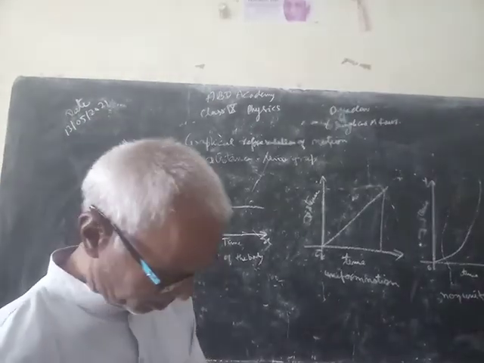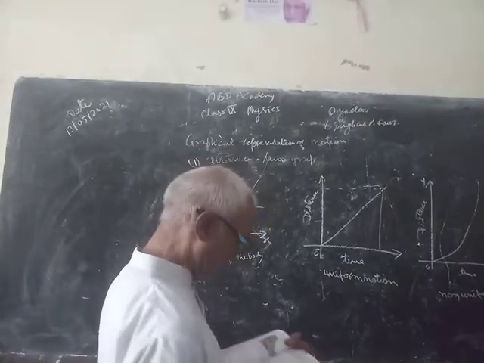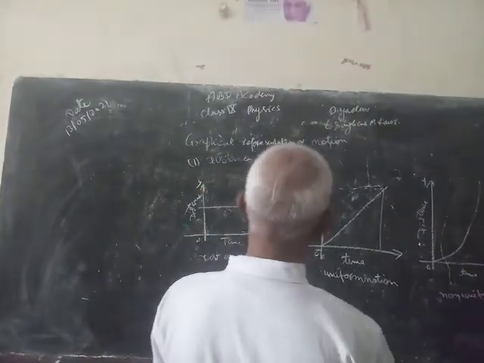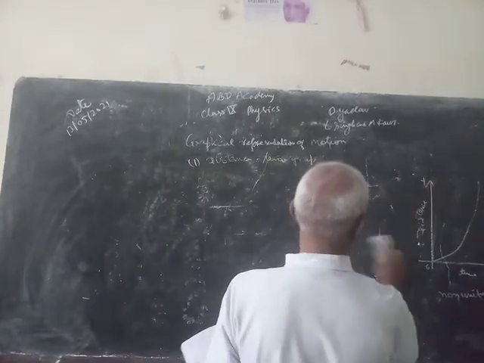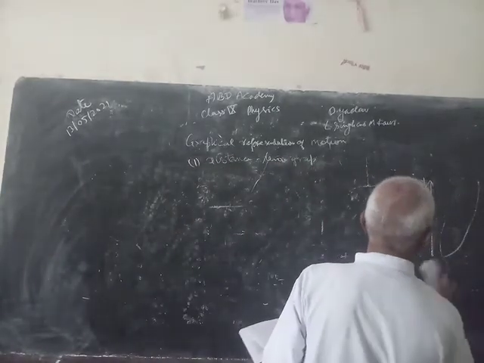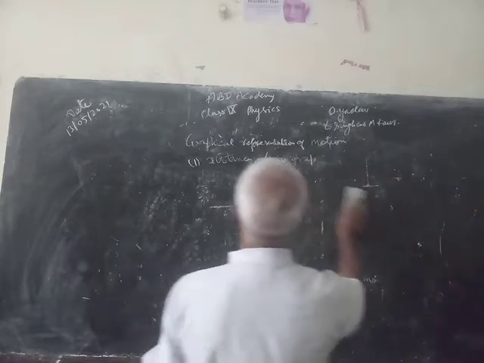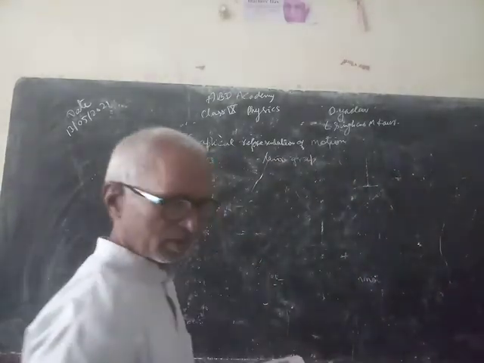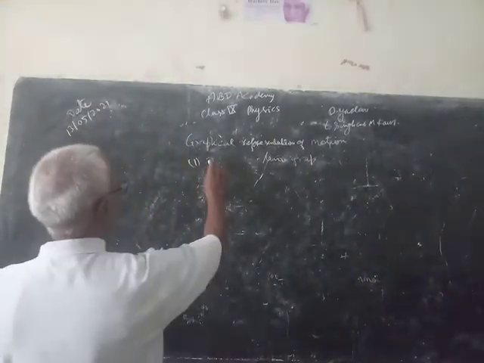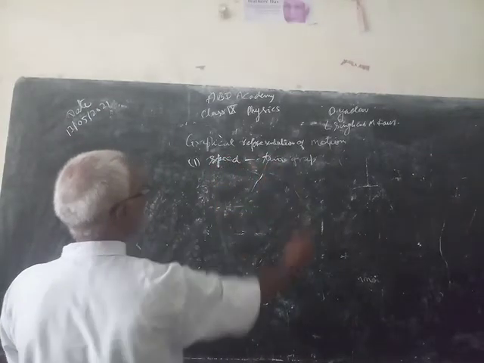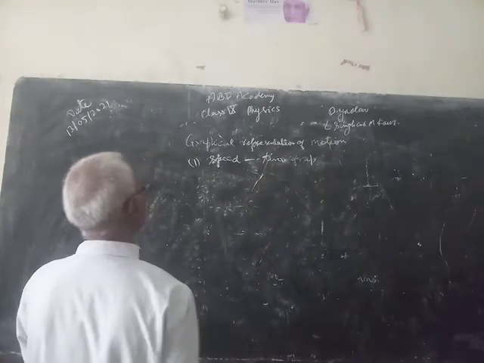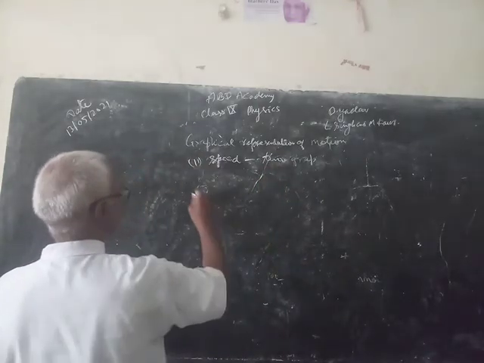Then there is the speed-time graph or velocity-time graph. Speed and time graph or velocity time graph is the second case.